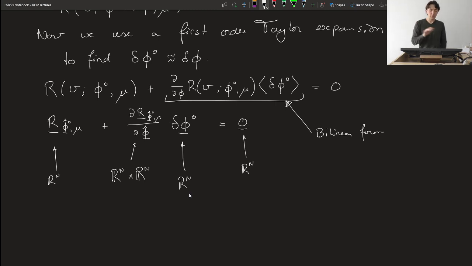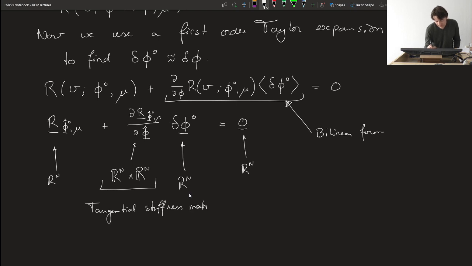Okay, maybe this seems new, so let's try and connect this to the stuff that you're already familiar with. This is namely the tangential stiffness matrix. And the bilinear form equivalent of that is actually the Jacobian.